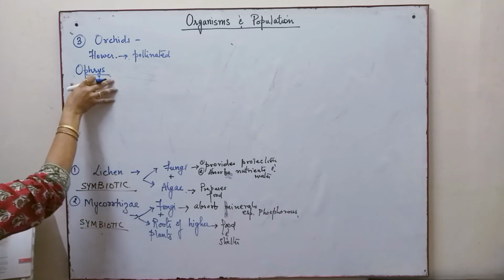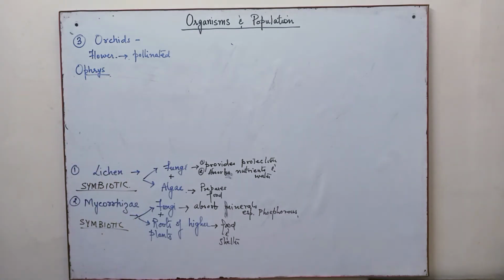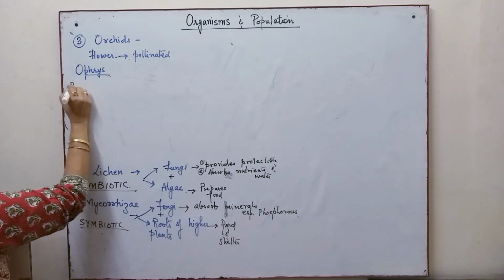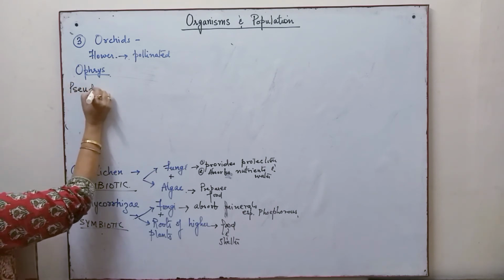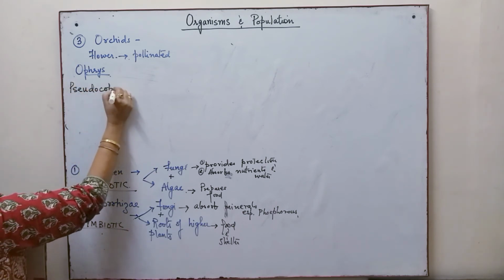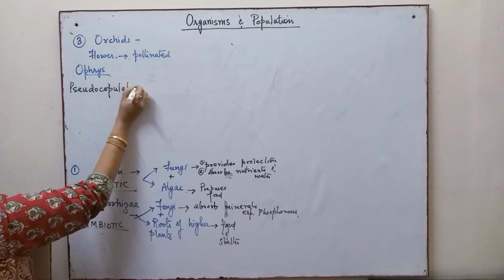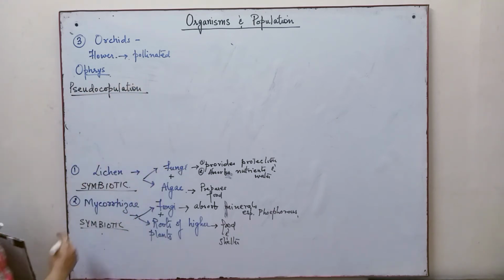Now, what is this orchid doing? It's a kind of pseudo copulation. Pseudo copulation means, it's an example of pseudo copulation.